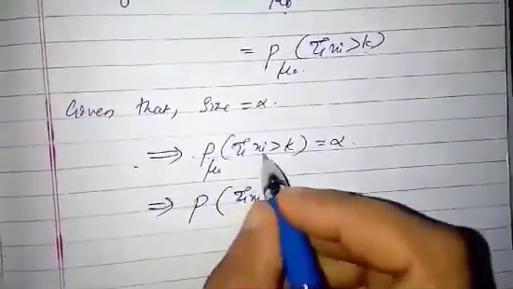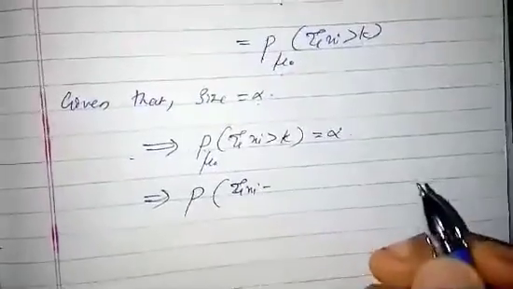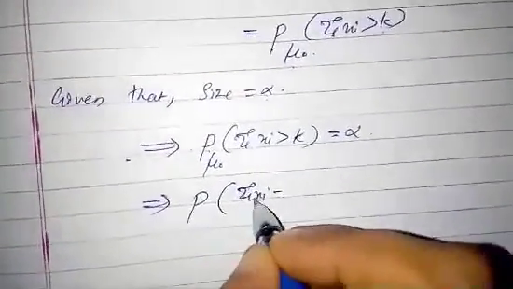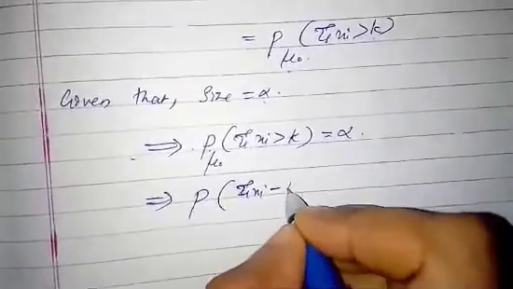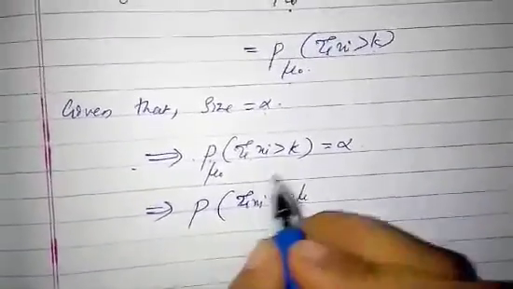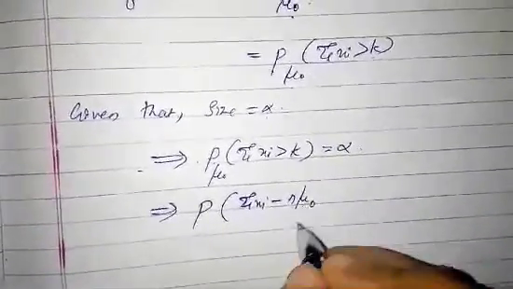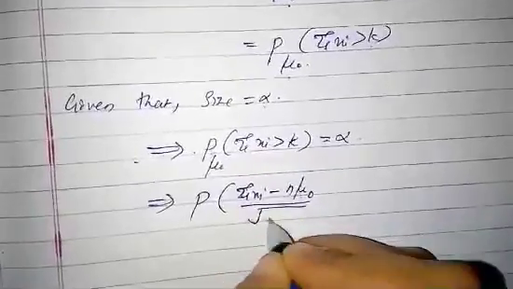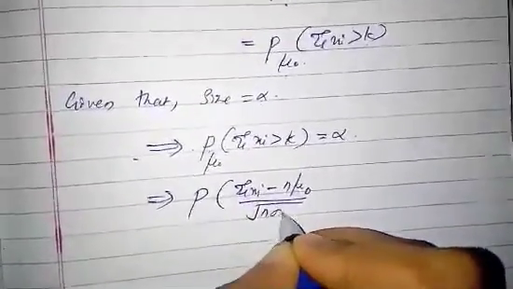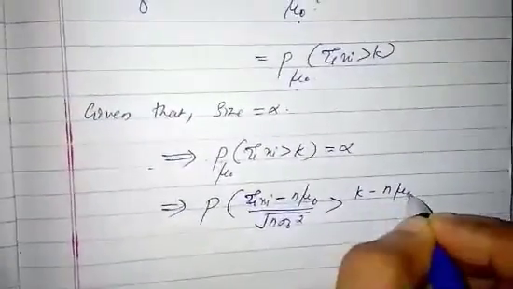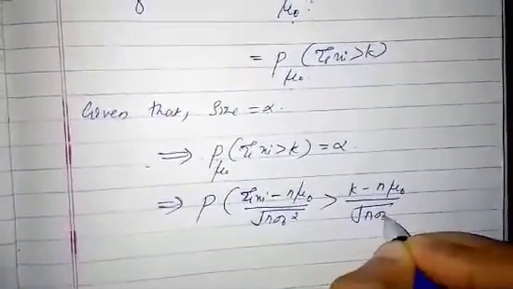We can transform summation Xi into a standard normal variable: summation Xi minus its mean n mu, where mu equals mu naught, divided by its standard deviation, that is square root of n sigma naught square. Then k minus n mu naught divided by square root of n sigma naught square equals alpha.